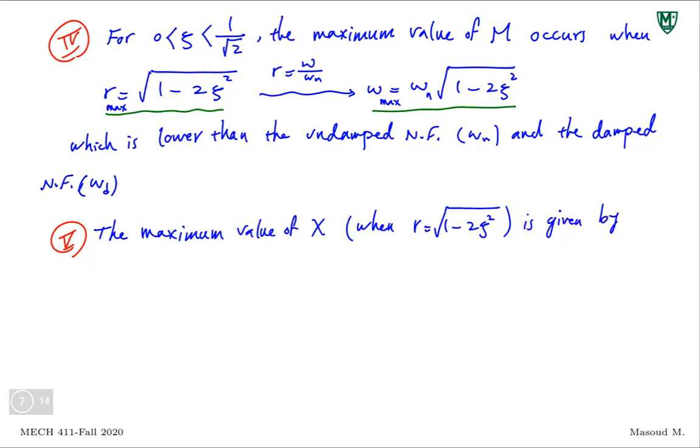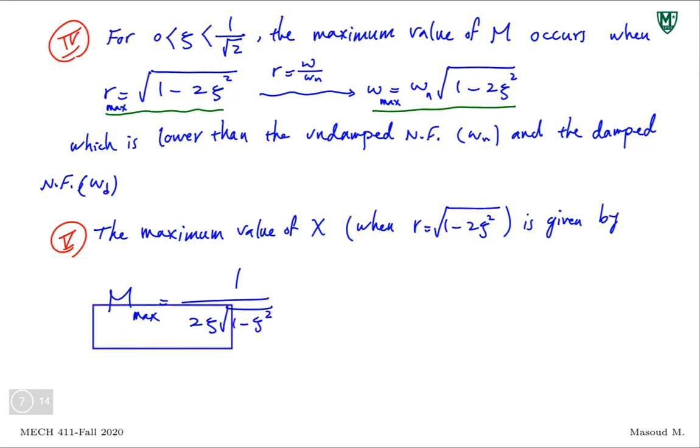Theoretically, you can just plug in the values and find this number or this expression. So M max, this actually makes sense, the maximum value of amplitude ratio is 1 over 2 zeta square root of 1 minus zeta squared.